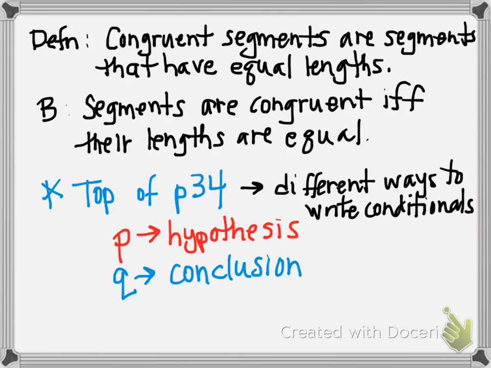Everybody thinks that if is the key word. Sometimes what comes after if could be a conclusion, the way that the sentence is written. And sometimes if isn't part of the conditional at all. So that's what I want you to do, is spend a little bit of time looking at the top of page 34 to see the different ways to write conditionals.